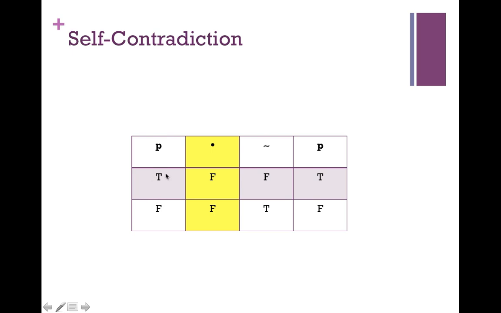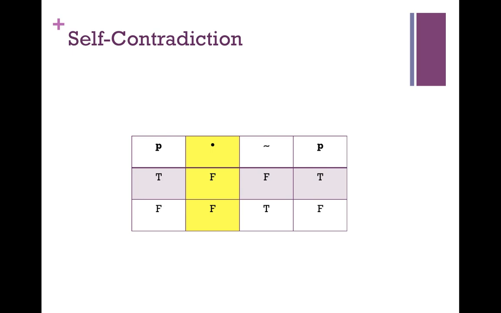We have the true here and false here, and the conjunction is false. The conjunction is only true if both of the conjuncts are true. False and true, false. So you see right here under the main connective, this is assigned a value of false for all of these. And again, it wouldn't matter if it were 2 rows or 10 billion rows. If every single one of them is false, then it is a self-contradiction.